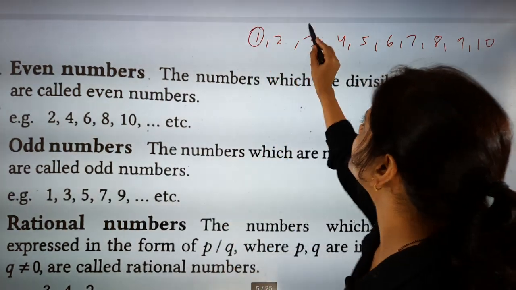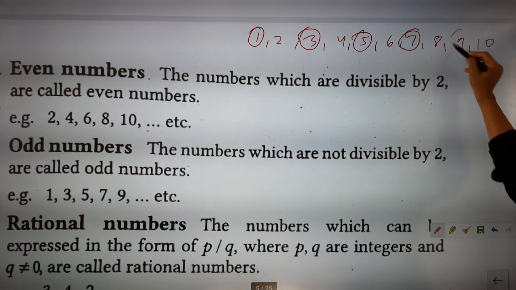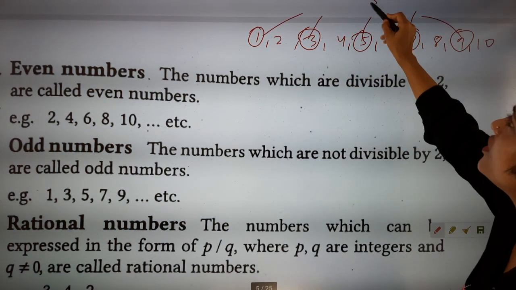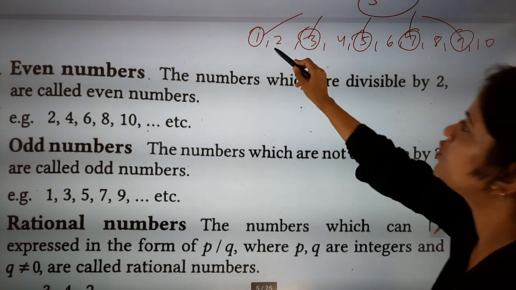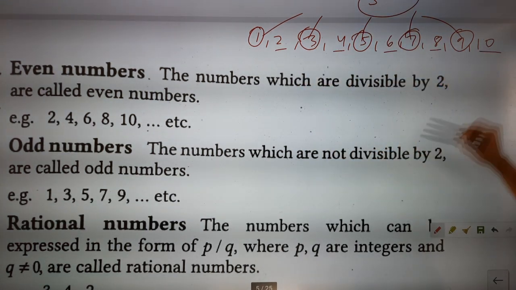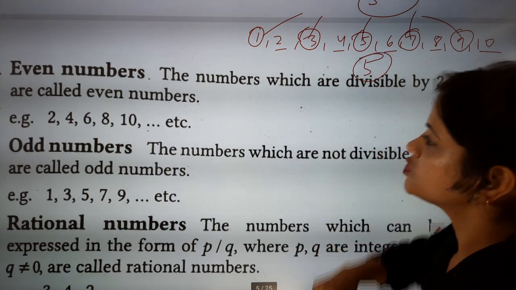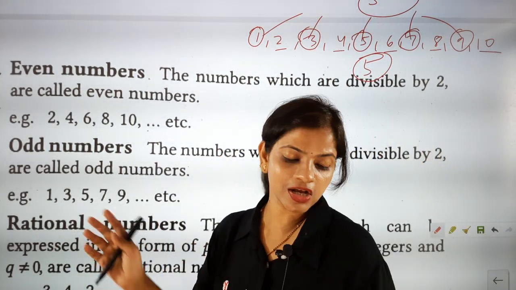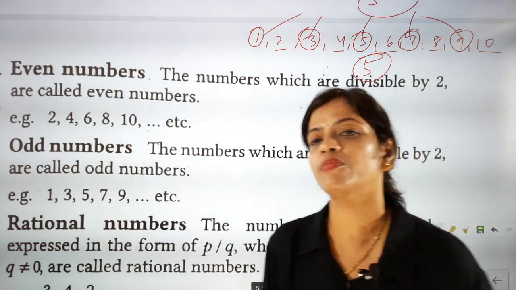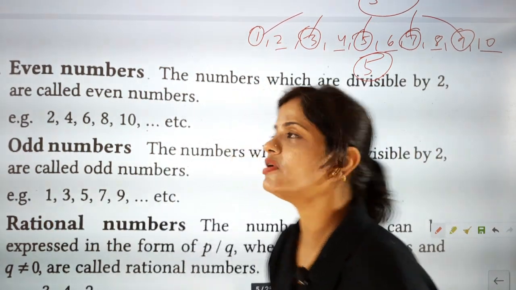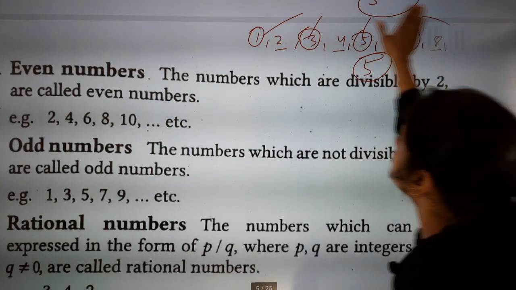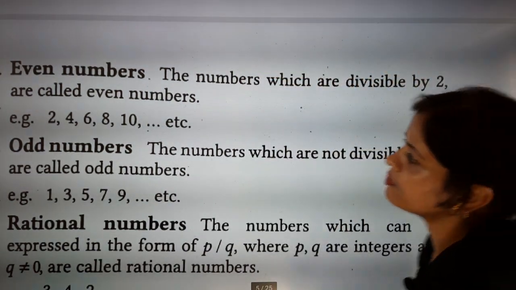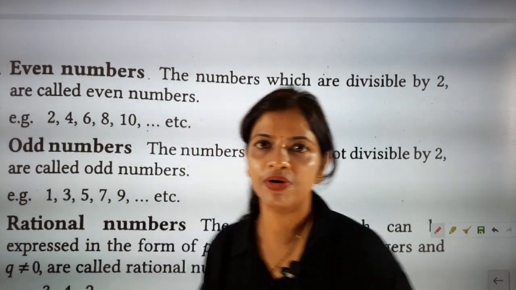Here 1, 3, 5, 7, 9: count it, 1, 2, 3, 4, 5. 5 numbers are odd. 2, 4, 6, 8, 10: 5 numbers are even. So when we see a set of consecutive numbers, half of the numbers will be odd and half will be even.